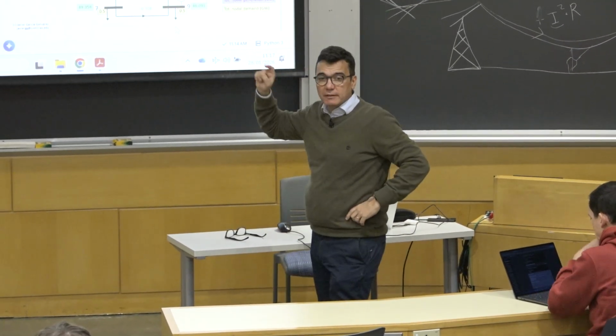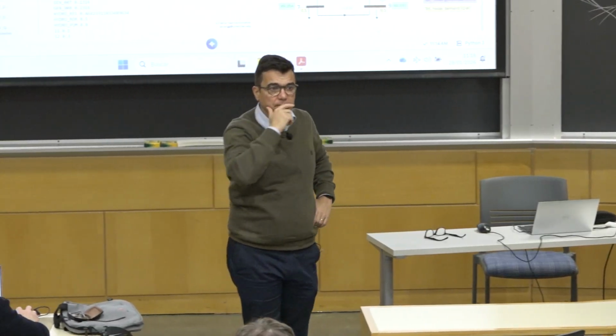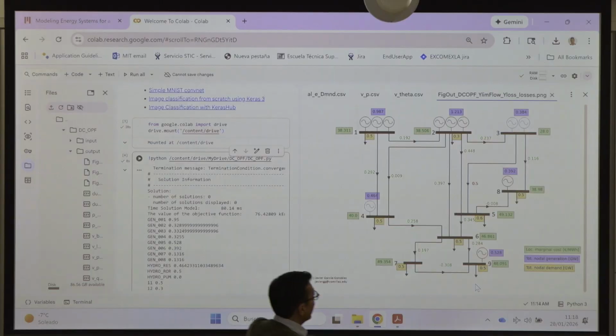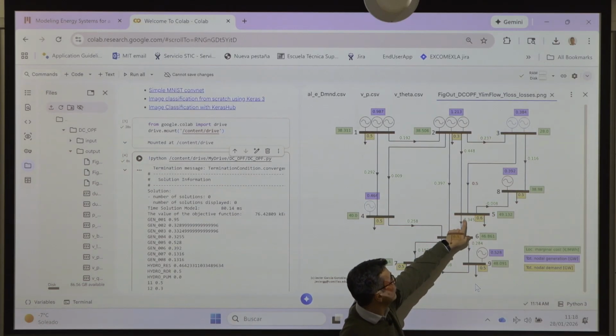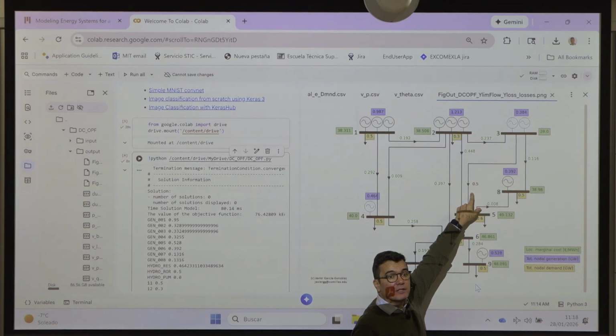So can you see which line is congested in this example? The line that connects node 3 with node 5, as you can see here, is working at 0.5 gigawatts, so it's 500 megawatts, and it's the maximum capacity of the line.